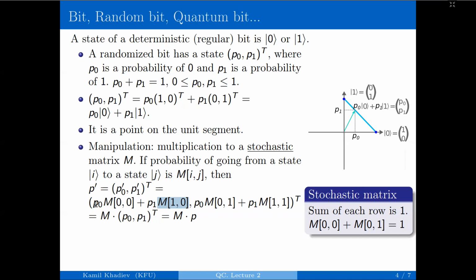And this is the total probability of being in state 0 after this manipulation, and similarly for state 1. So it is just the multiplication of the row vector p by M.